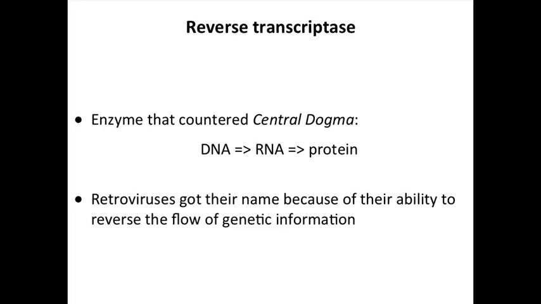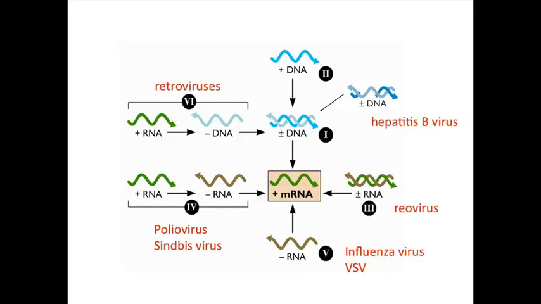They got their name because of this enzyme, and the enzyme was called reverse transcriptase because it reversed the flow of genetic information. So instead of going from DNA to RNA, it went from RNA back to DNA, and then, as you'll see, to RNA and then to protein. So this was a really interesting enzyme.